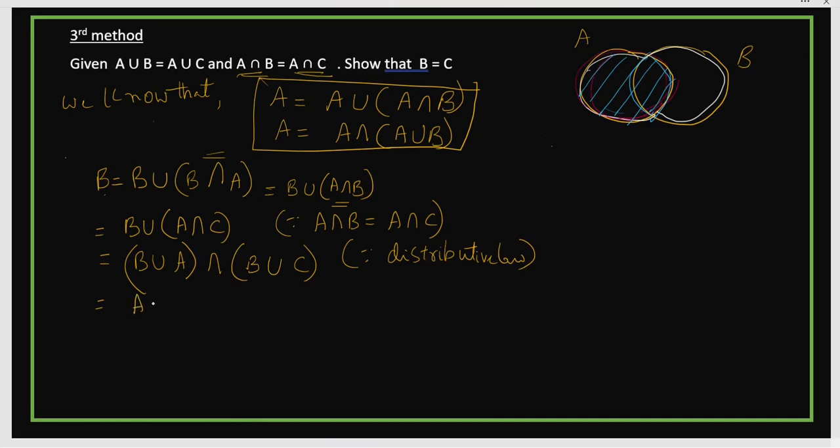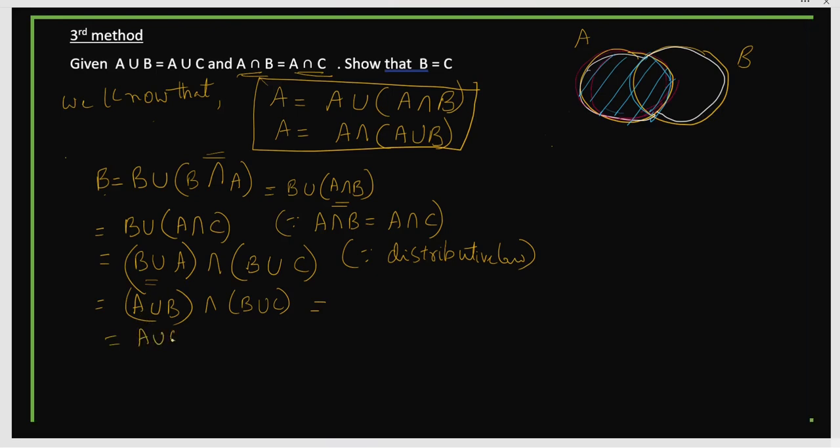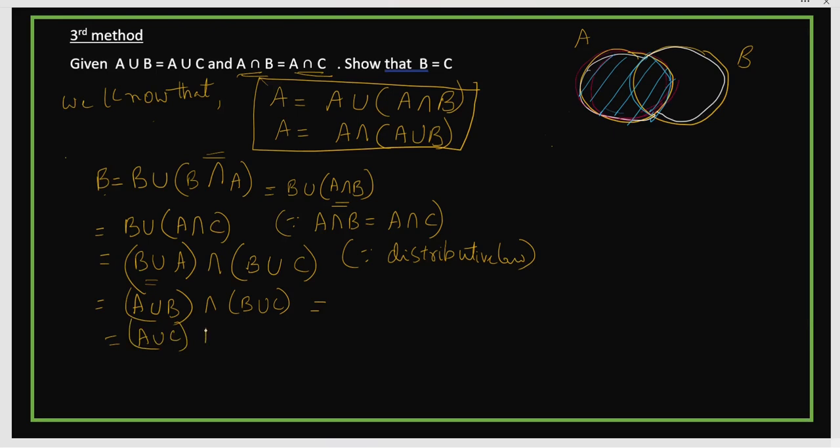We are simply changing this, A union B. I'm just interchanging them. A union B equals B union A, right? So intersection B union C equals A union B, which is what? A union C. Correct? Intersection B union C, because given A union B equals A union C.